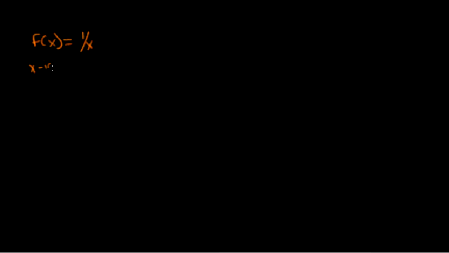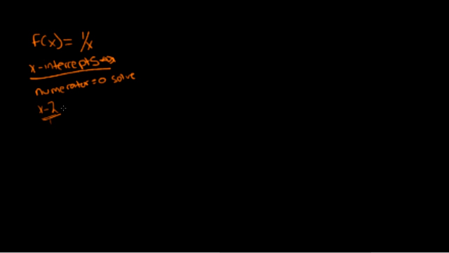So first of all, are there any x-intercepts? Well, in order to find our x-intercept, we must make the numerator equal to 0 and solve. For example, say our numerator was x minus 2, over something, 1.